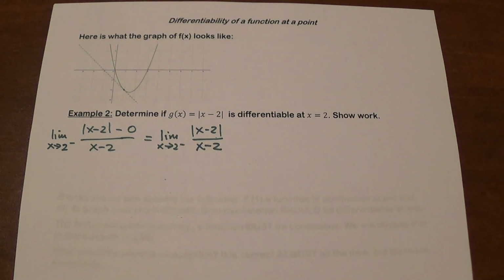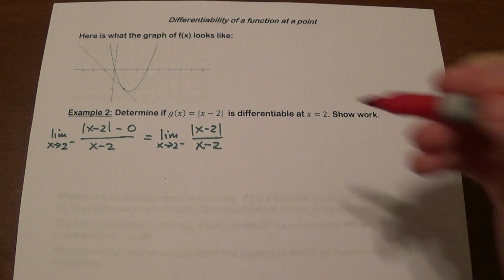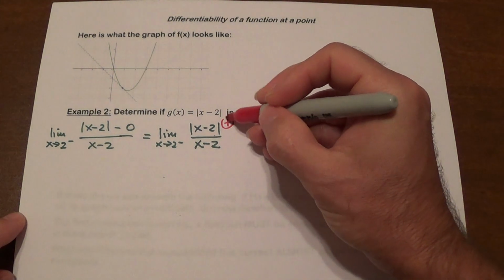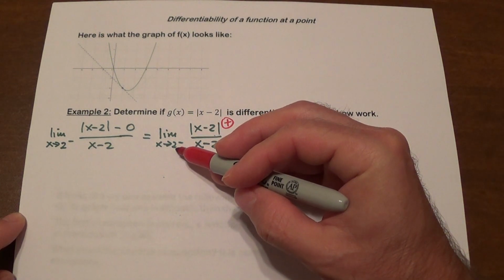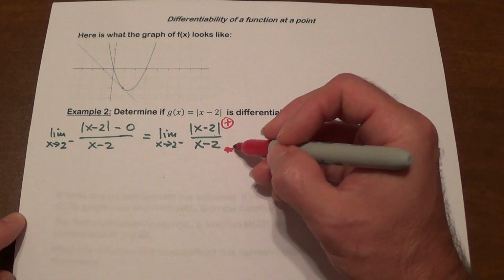But the denominator, as we approach 2, remember we are talking about being very close to 2 from the left. So when we are very close to 2 from the left, while the numerator is positive, the denominator, when you take a number slightly smaller than 2, is going to be negative.